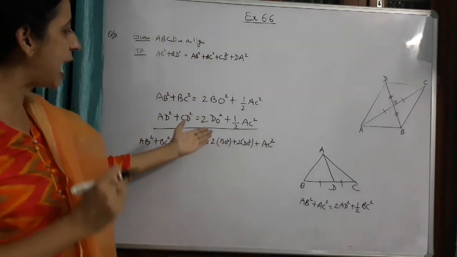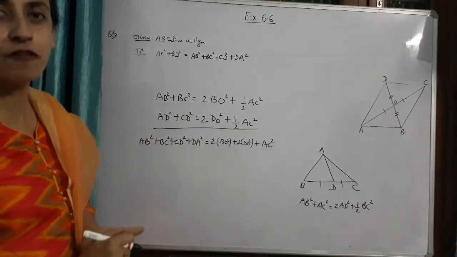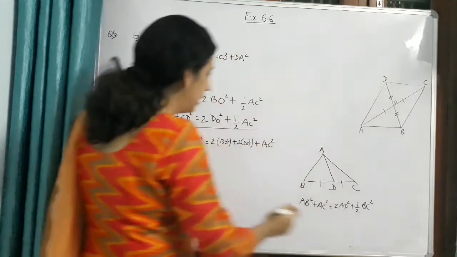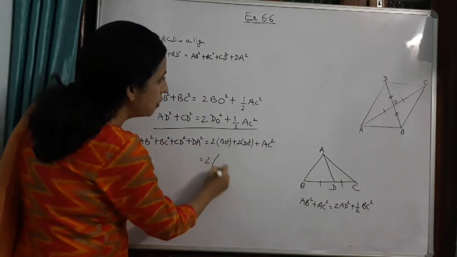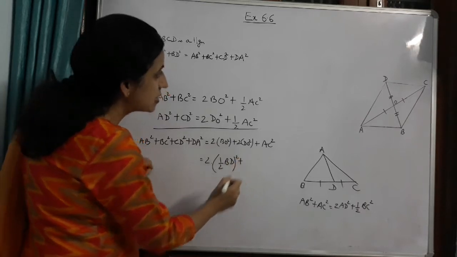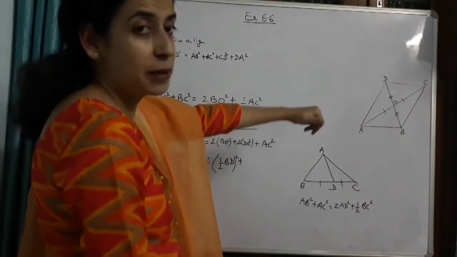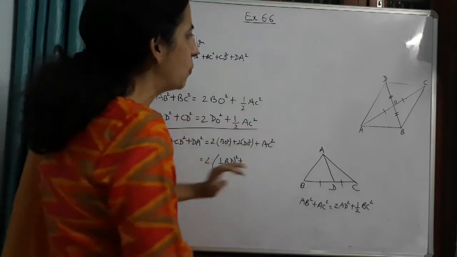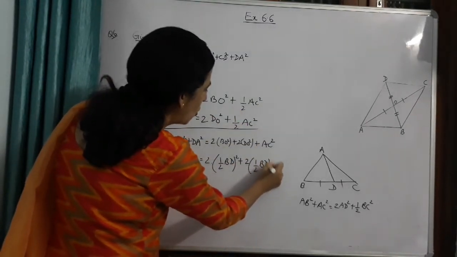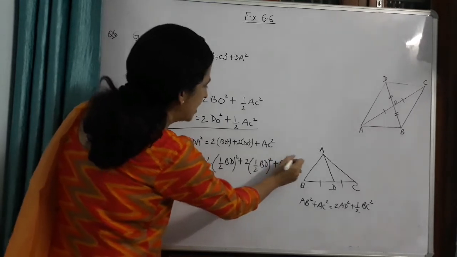Now BO can be written as half of BD because O is the midpoint of BD. So in place of BO, we write down half of BD whole square. Similarly, O is the midpoint of BD, so DO can also be written as half of BD whole square, plus AC square.